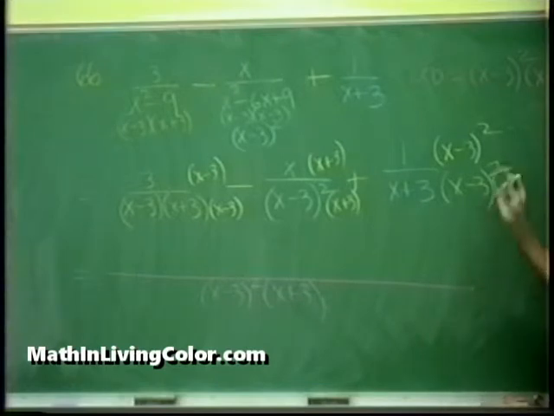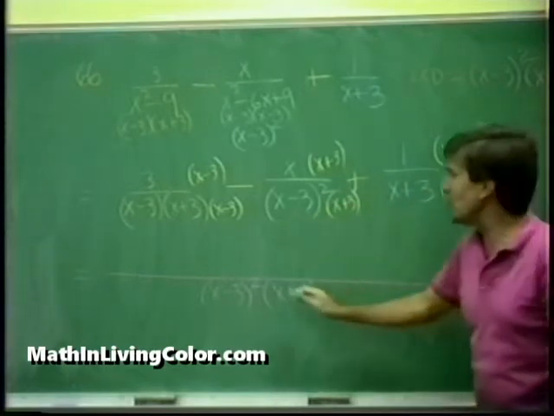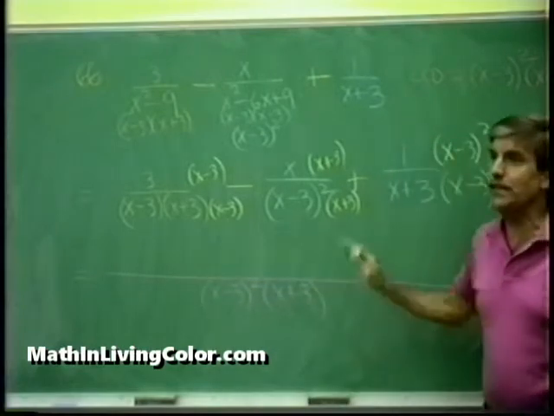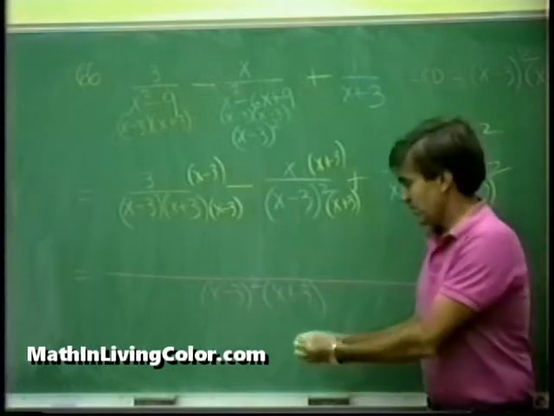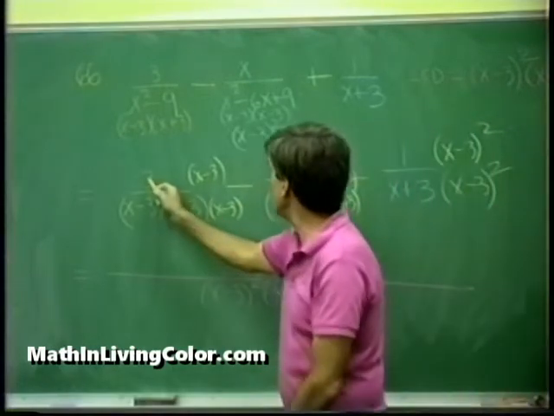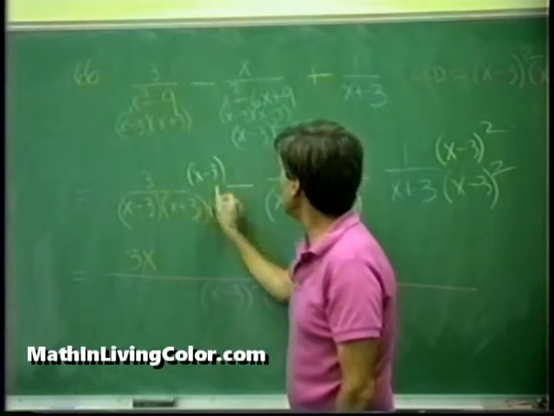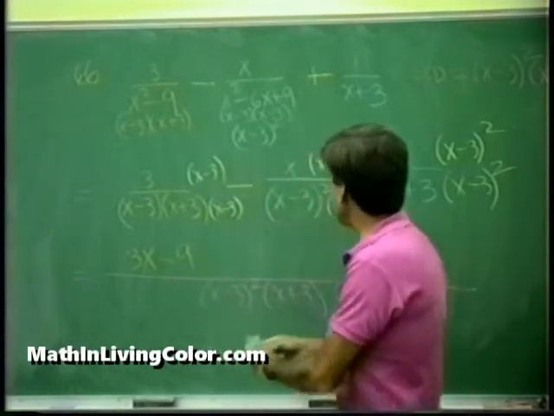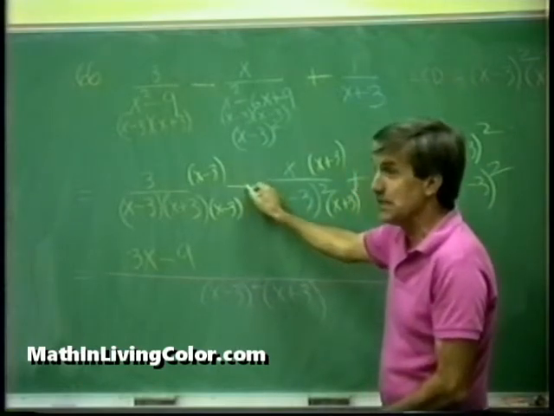And we're ready for step 3 in the problem. Step 3 is we've already got the denominator, we need the numerator, right? So what's the numerator? Give me the first part of the numerator. What would that be? 3x. Okay, and then what? Minus 9. Now do the second part, being careful of that negative.